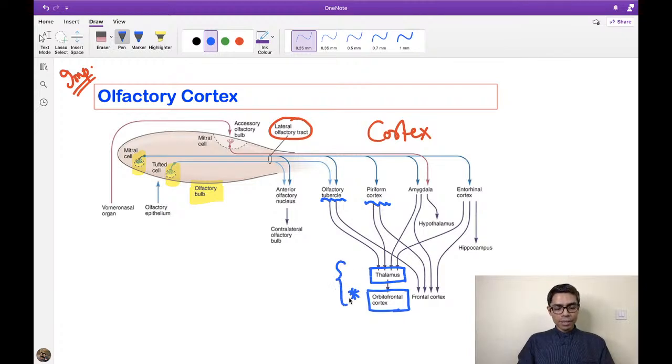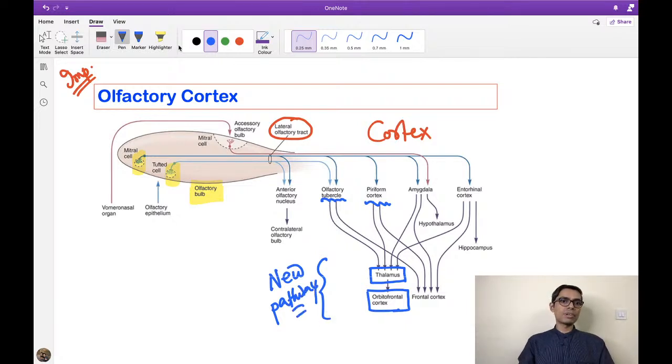This pathway, which goes from the thalamus up to the orbitofrontal cortex, according to Guyton, is known as the new pathway for olfaction. So what is the new pathway for olfaction? The pathway which is reaching the thalamus.